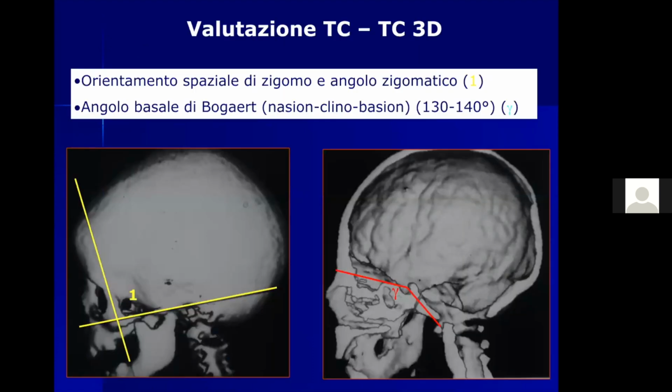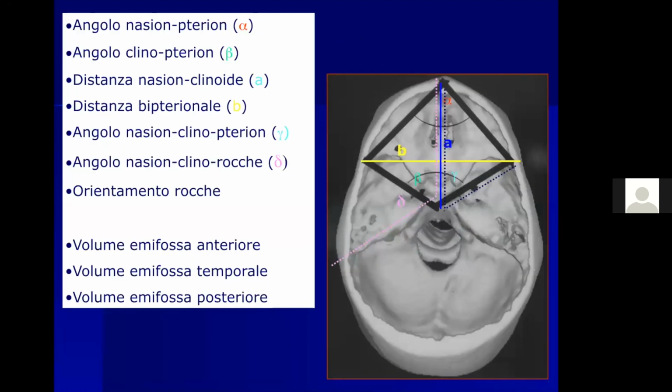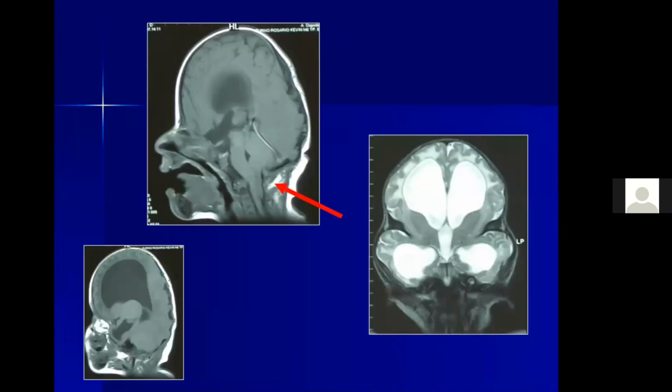In this slide, you can see how the cranial base shape can change due to cranial vault anomalies. Sometimes, in this very complex craniosynostosis, we even have skull base anomalies due to Chiari malformation in this case, which I will explain later.